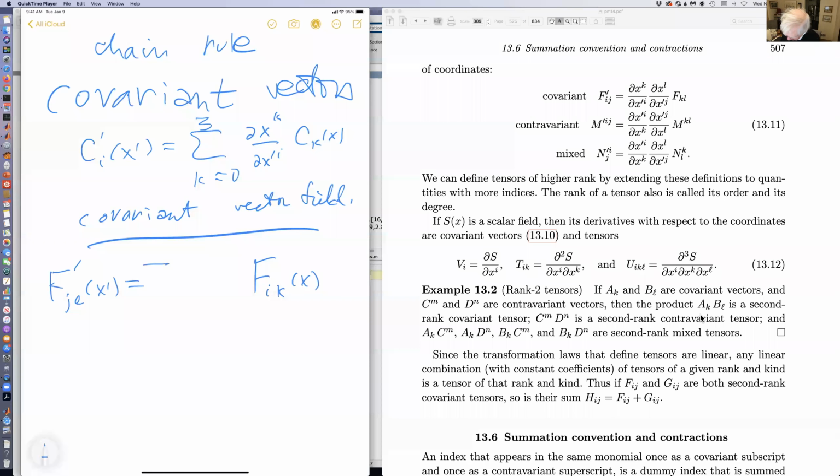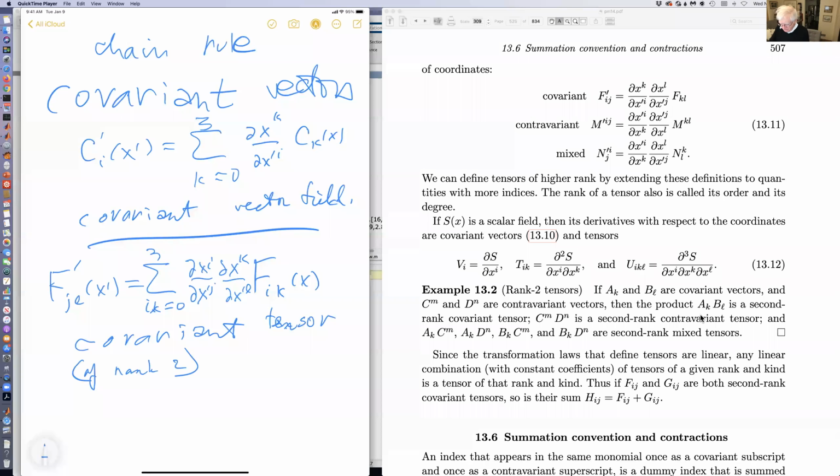And so this is a sum over i, k equals 0 to 3 of partial x^i, partial x prime j, partial x^k, partial x prime l. So it transforms this way. So this is a covariant tensor of rank 2.